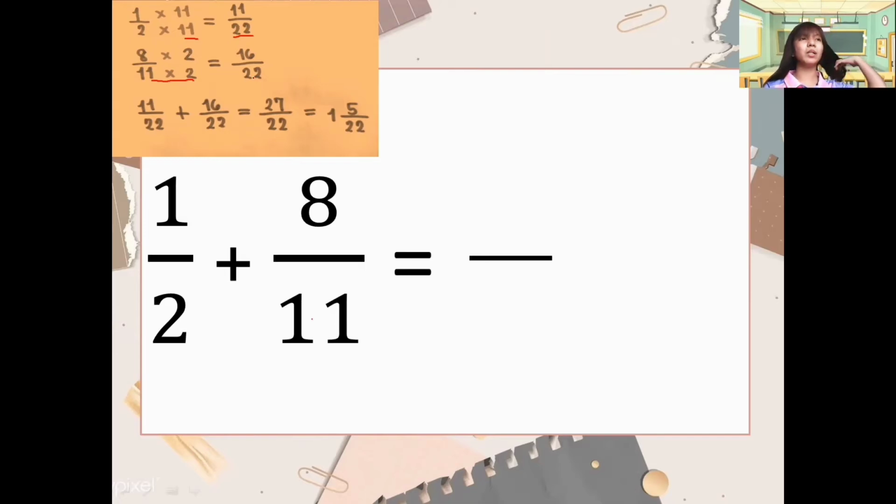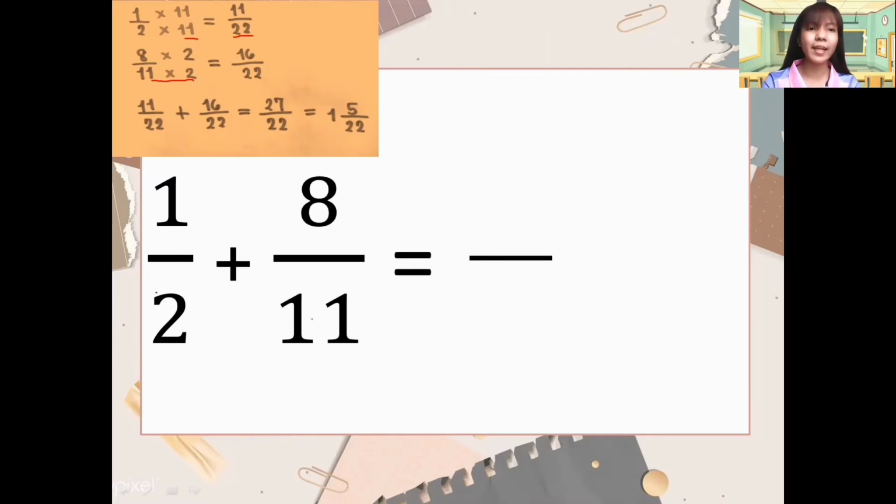So we can multiply or change each of the fractions given when necessary, because for example, the 2 here, there is no number that you can multiply to 2 that could make it 11. That's why we need to change both fractions when necessary, alright?